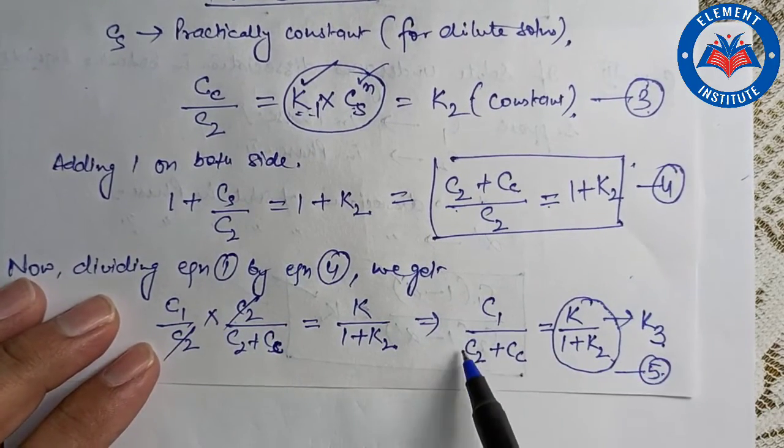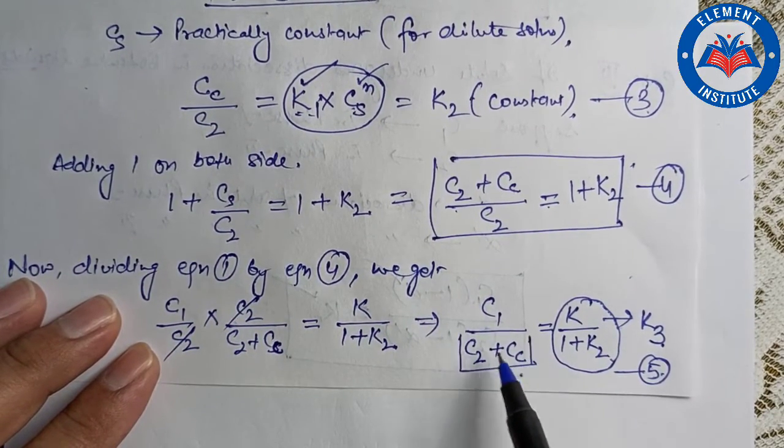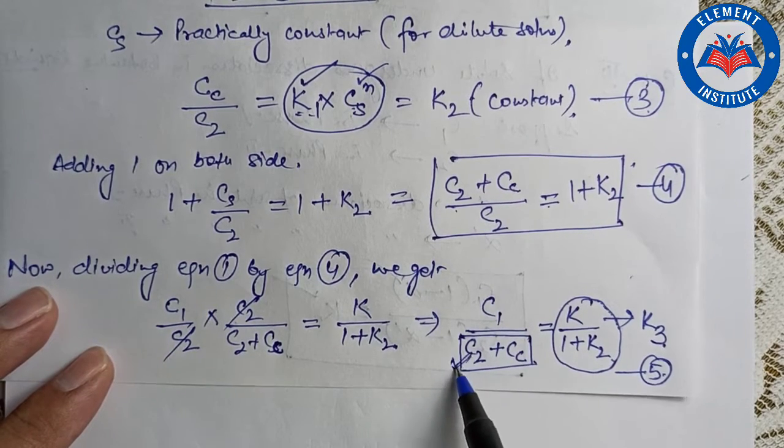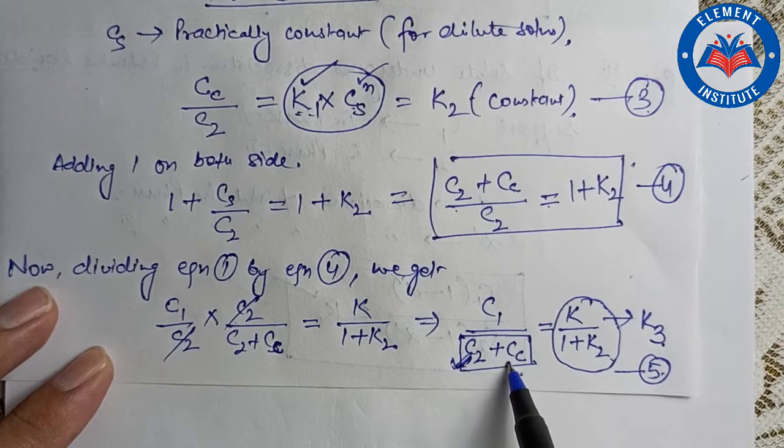Now in this equation, the C2 and the CC are the total concentration of the normal molecules and the solvated solute molecules in phase 2.